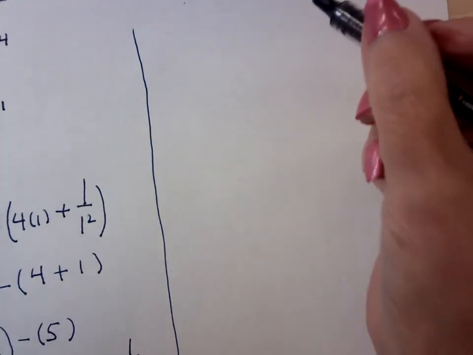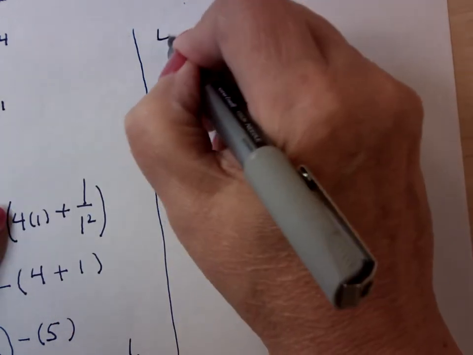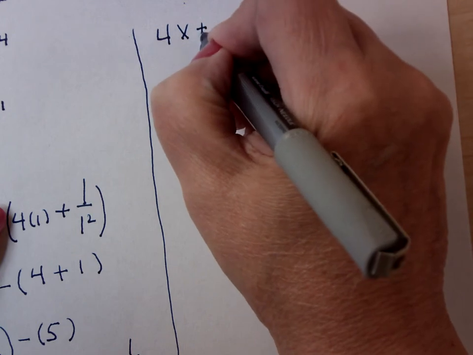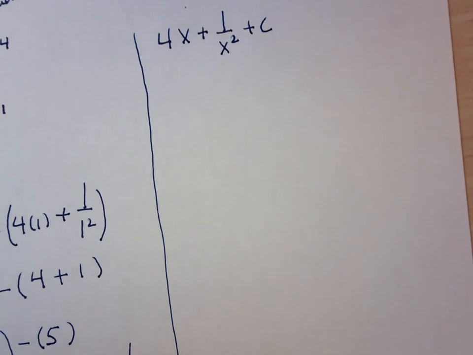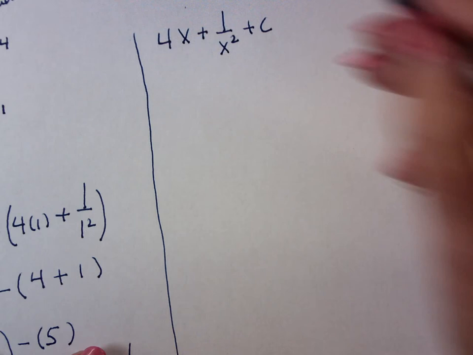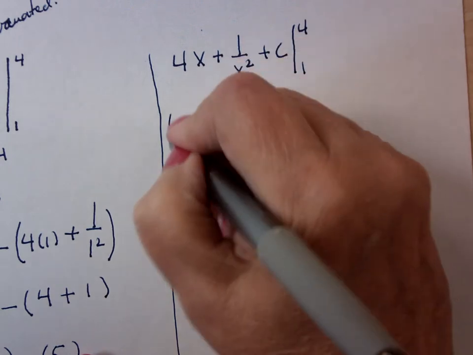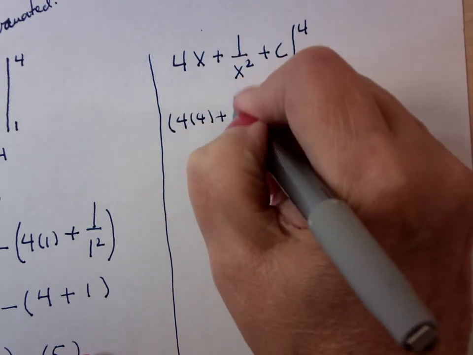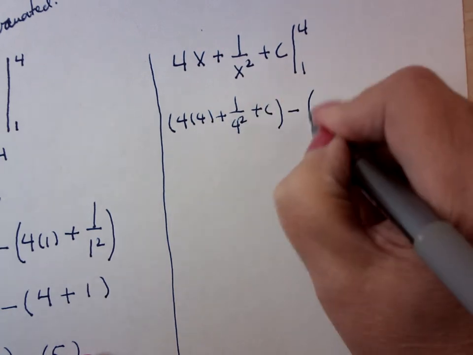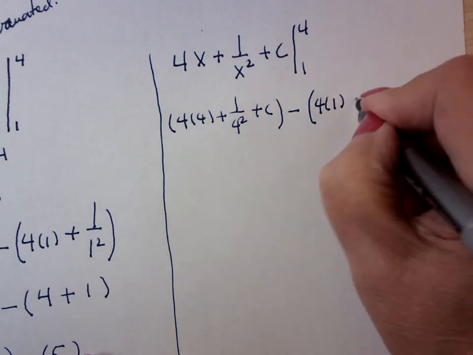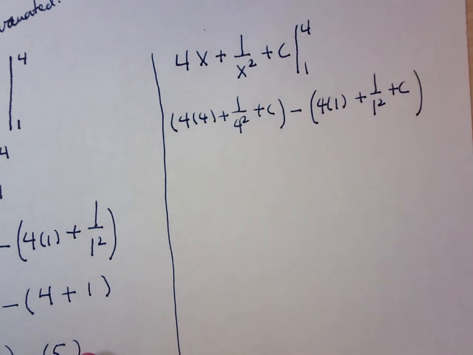Well, if I looked at the antiderivative, 4x plus 1 over x squared plus c, and I'm doing upper minus lower, evaluated from 1 to 4, this is going to be 4 times 4 plus 1 over 4 squared plus c minus 4 times 1 plus 1 over 1 squared plus c. What's going to happen to the two c's? They cancel out.